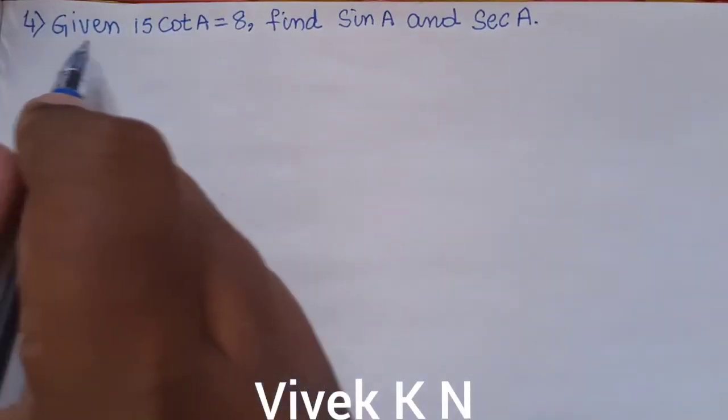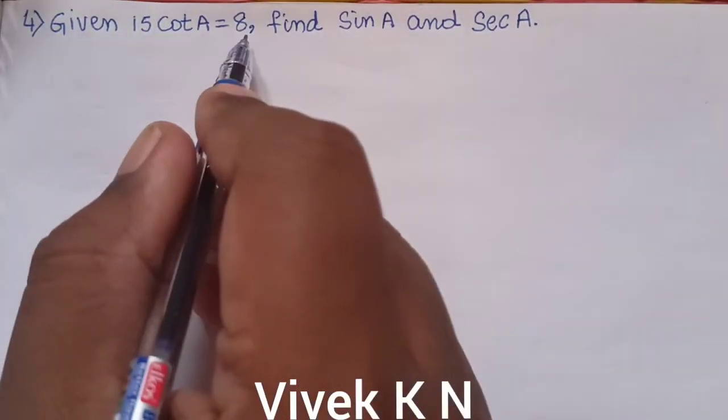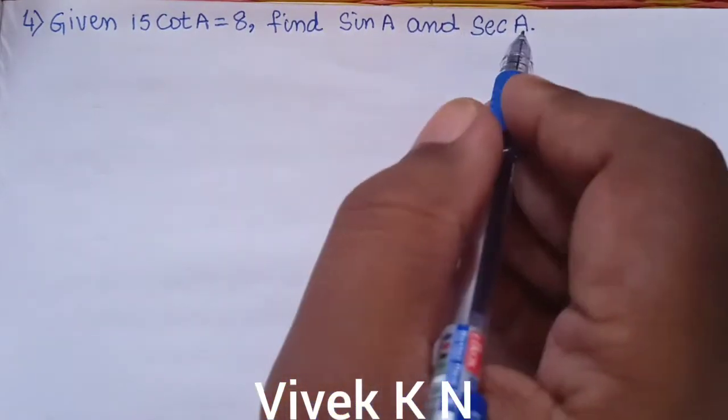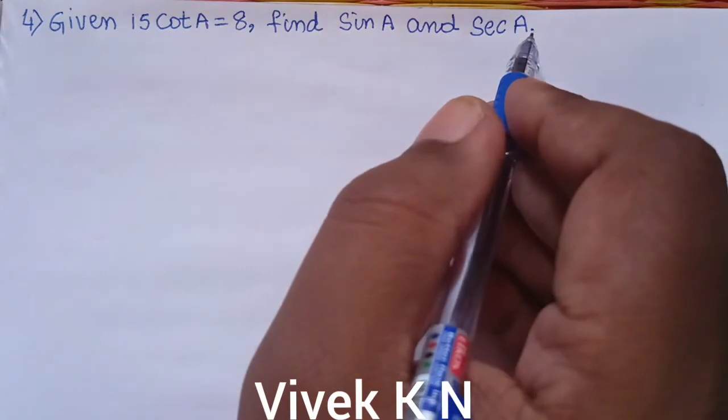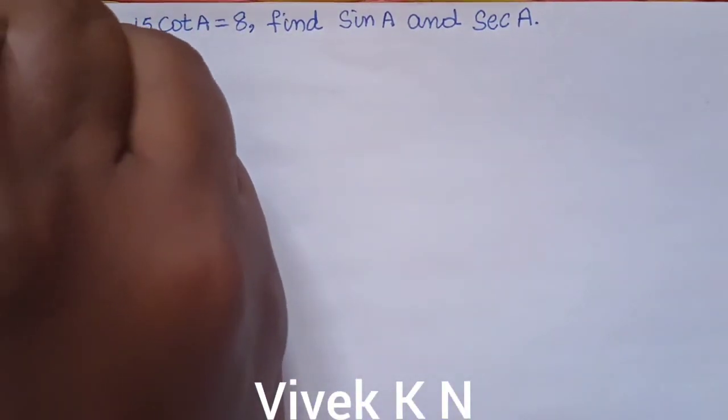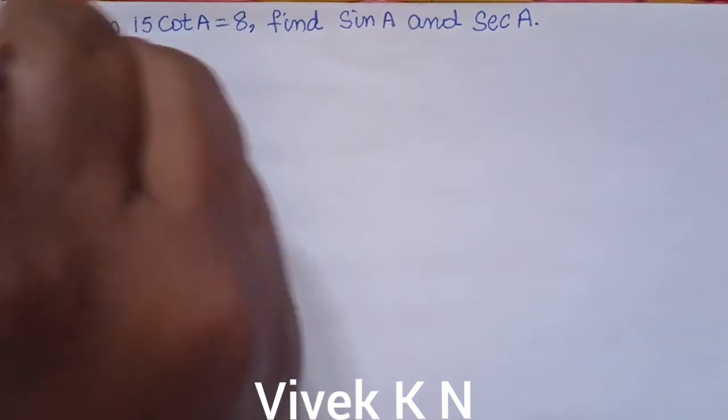Fourth question, given 15 cot A is equal to 8, find sin A and secant A. So let's solve this problem. Solution.